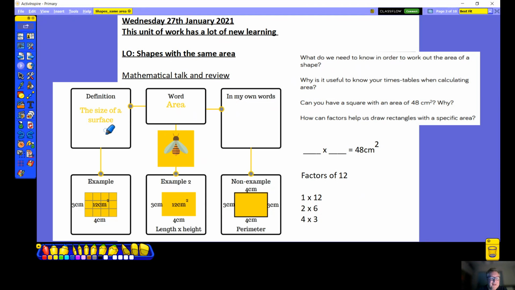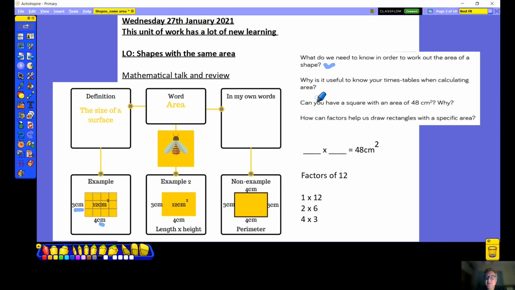It's the surface space that a shape is taking up. I also think we probably need to know the length in this case and the width. I wonder if we need to know anything else. What did you think?